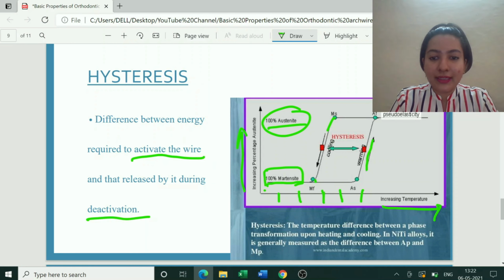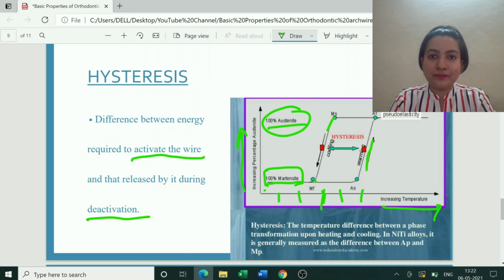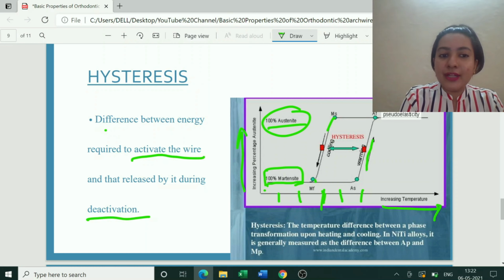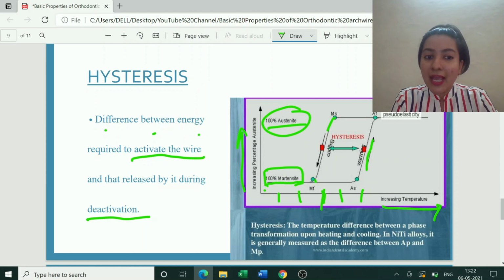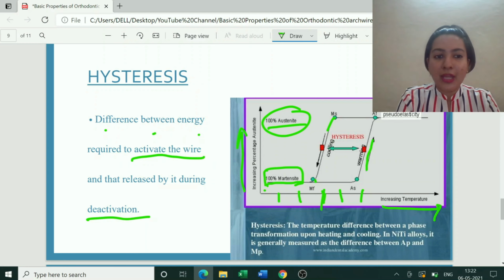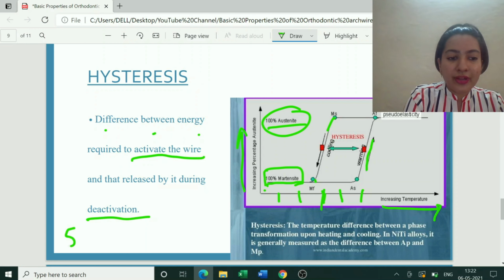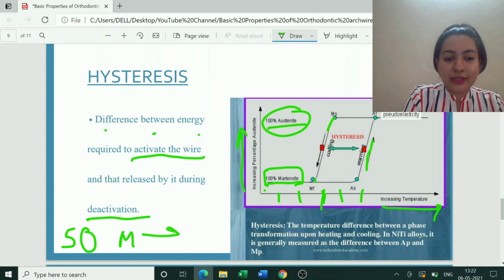That is, at 30 degrees only, there is conversion from phase 2 to phase 1. Therefore, the difference between the energy required to activate the wire and that released by it during deactivation is your hysteresis. Maybe 50 joules of energy was required to take the material from martensitic form to austenitic form.